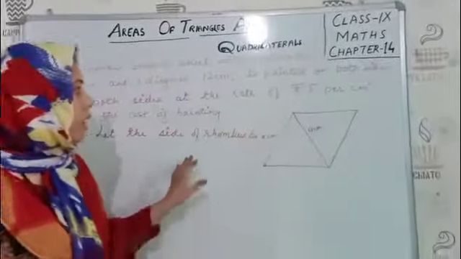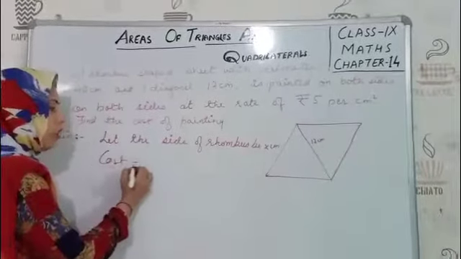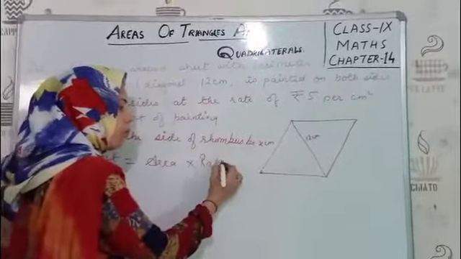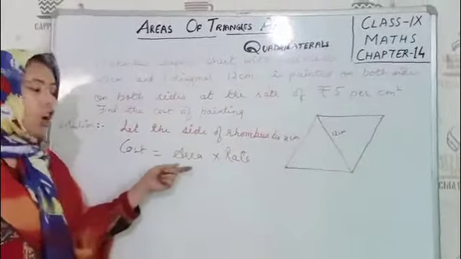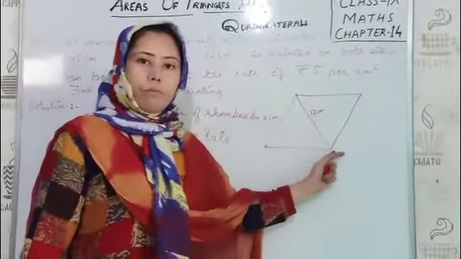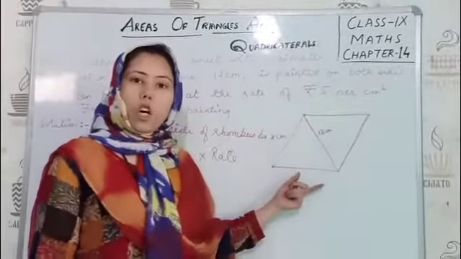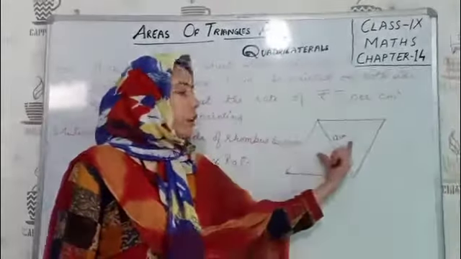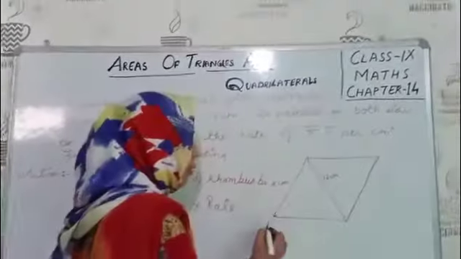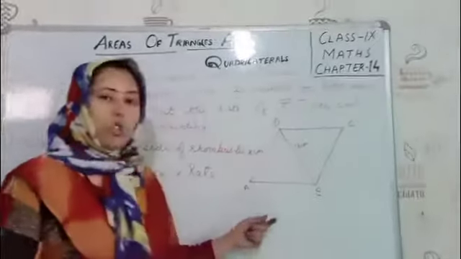Okay. So we know that cost of painting is equals to area into rate. Area of rhombus means area of this into rate. For area, a rhombus is divided into two triangles. That means this one triangle, suppose A, B, C, D. This is a rhombus.